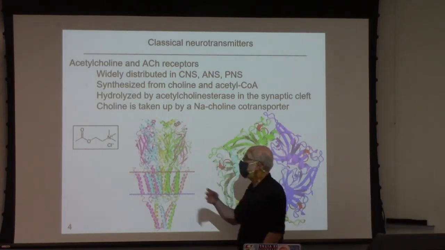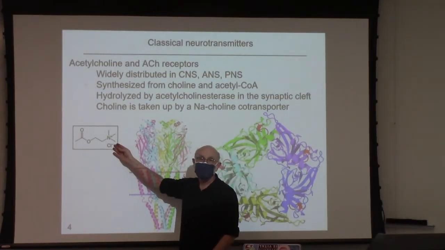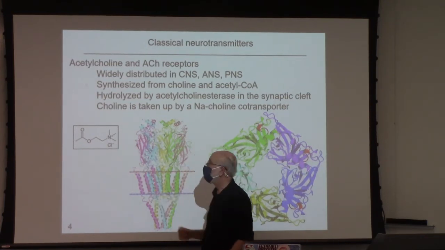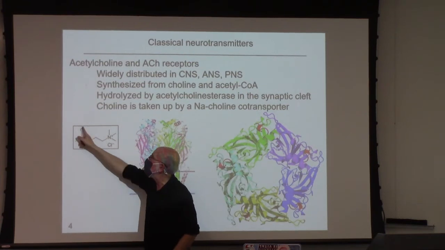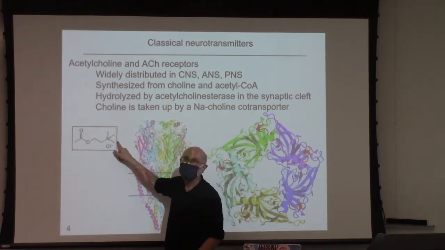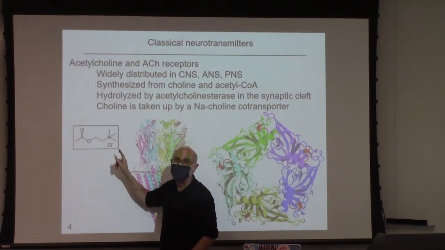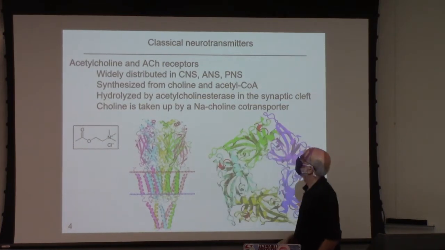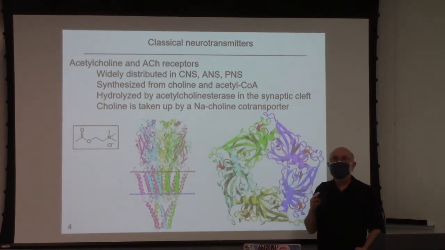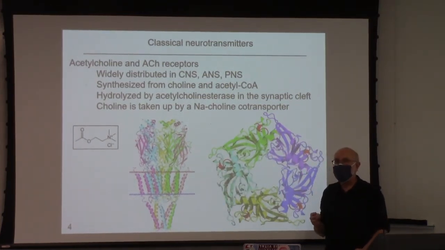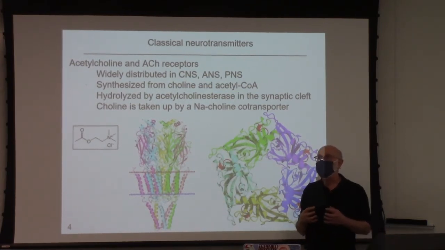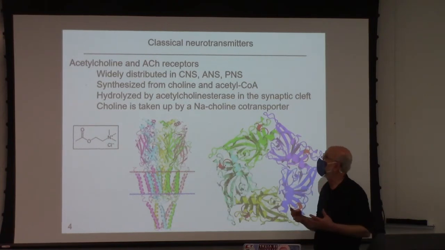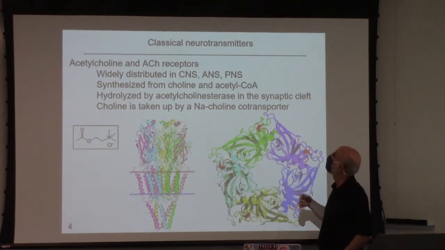I will not ask you to draw the structure of acetylcholine, but there it is. Acetate, for those of you who are chemists, acetate choline, acetylcholine. It is the one neurotransmitter that we're going to talk about that is not taken up intact. It's hydrolyzed in the synaptic cleft.